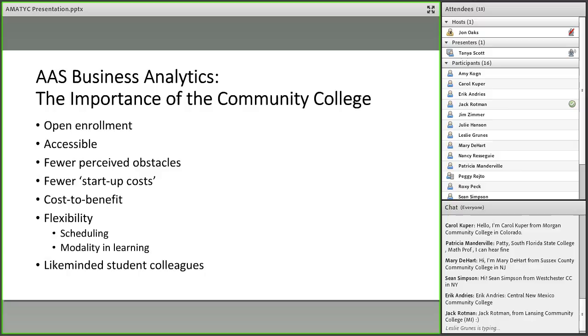So it's very accessible. Students feel that there's fewer perceived obstacles, and in many cases that is true because we do have the open enrollment and we're fairly affordable. They feel it's much more feasible for them to be able to come to take a class with us. There's fewer startup costs for our students. So our very first class, our BAS 120 class, which is Intro to Analytics, only requires the developmental English and math.